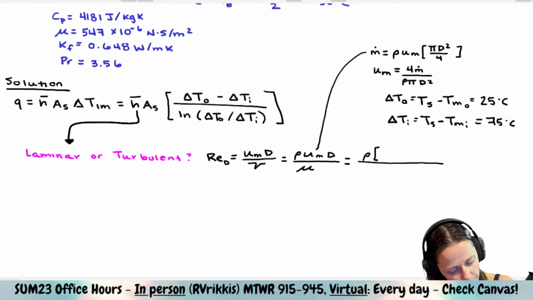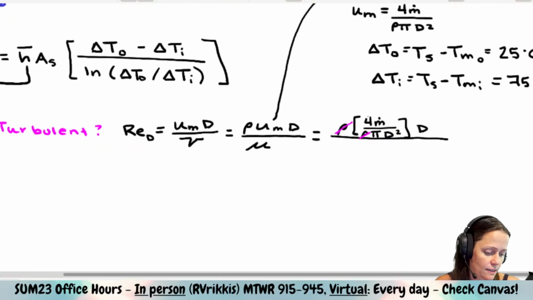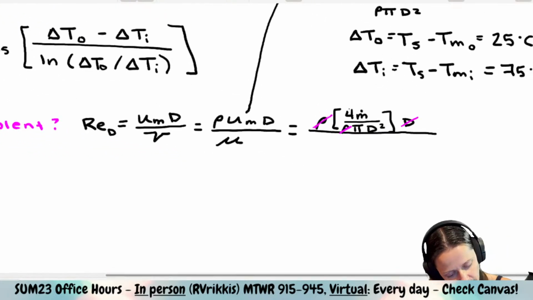So I'll have rho times this, which is 4 m dot divided by rho pi d squared. Clearly it doesn't even matter that the density wasn't written down, because it's going to cancel out. And then I've got a diameter here, and some of that is going to cancel out.